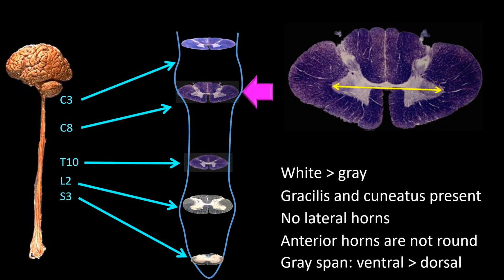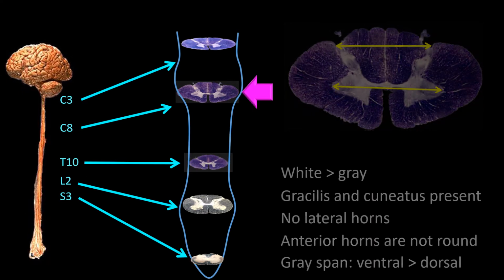Ventral span is wider than dorsal span. This is the result of expansion of the ventral horns that is the major distinction between the upper and the lower cervical spinal cords that we have presented.